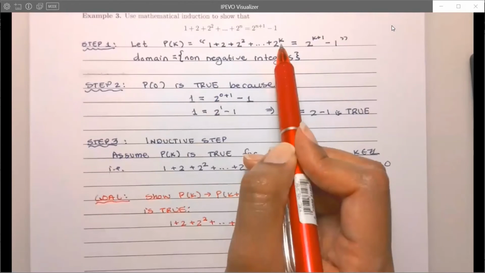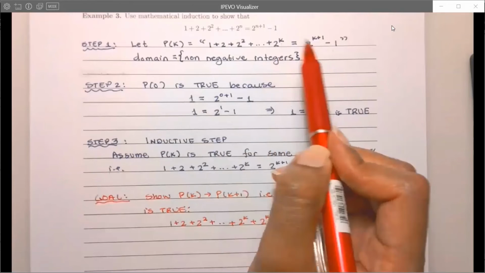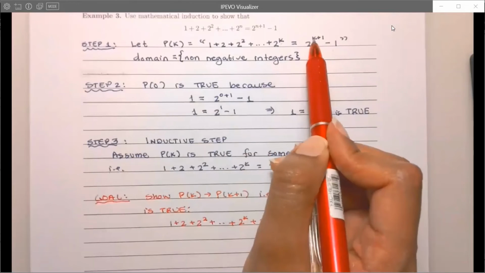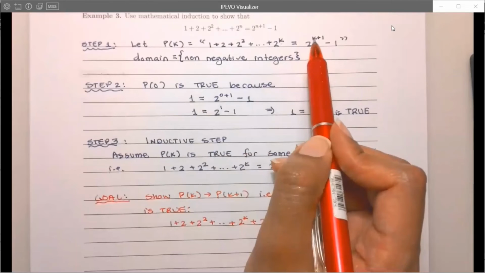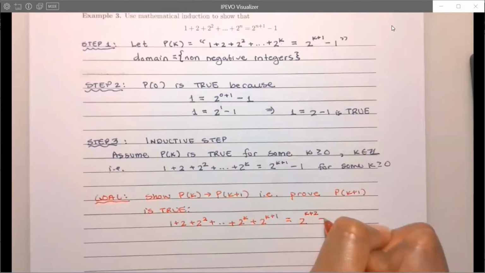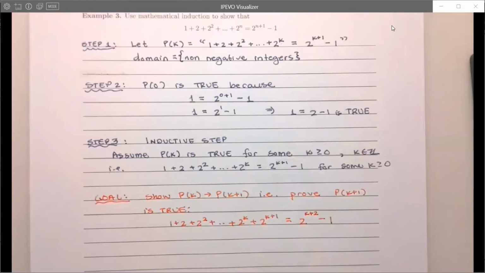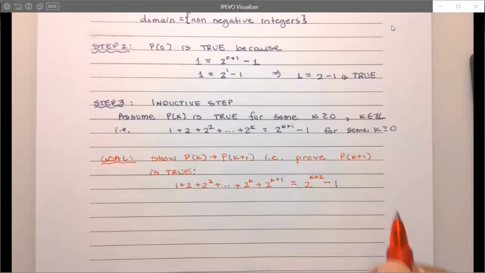So there's a k plus 1 in the last term of the left-hand side, and on the right-hand side, this has to be a k plus 1 as well. That's what we want to show. That's our goal.